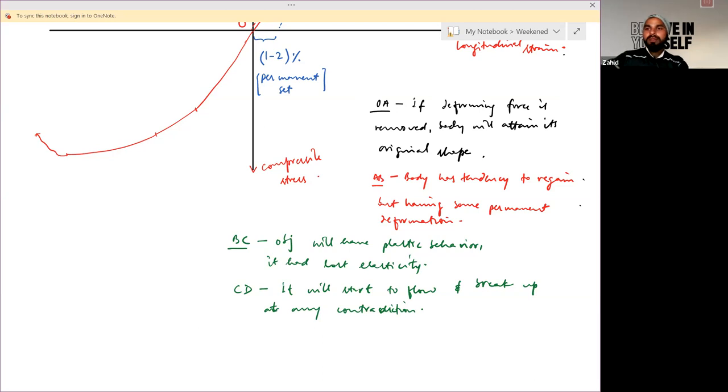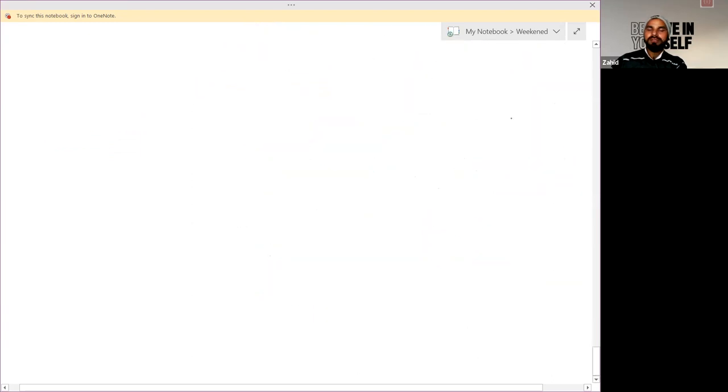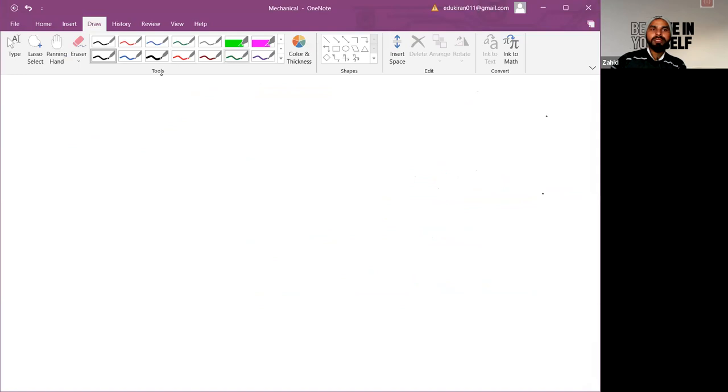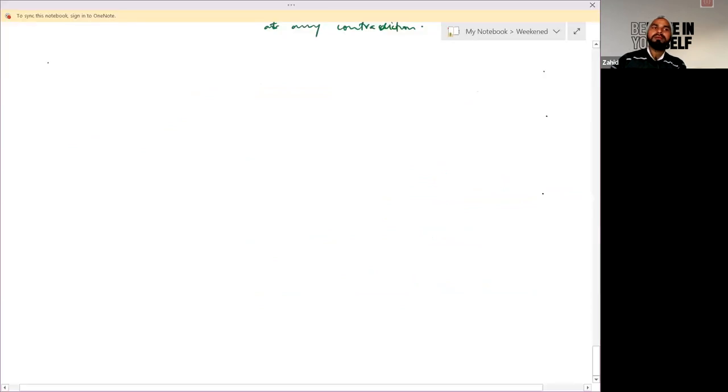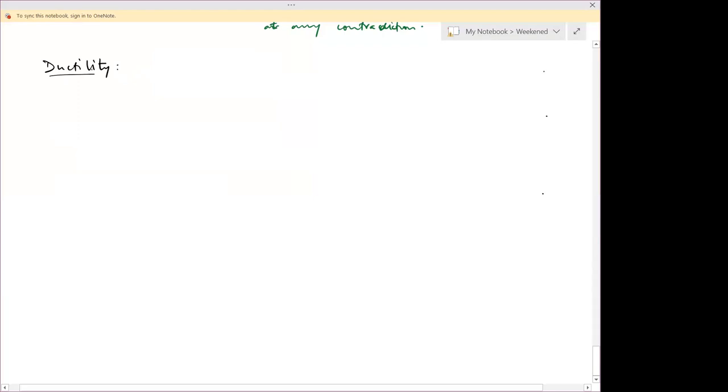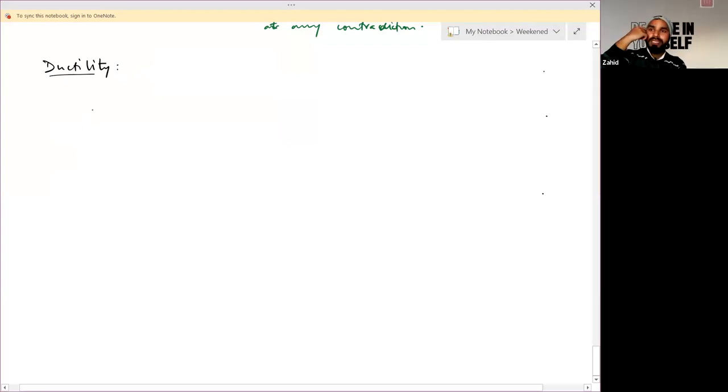Okay. Now, depending upon this graph, you may be asked first, you must have learned in class 10th about two properties of metal, that is ductility and malleability. Ramuna, what do you mean by ductility? A substance which can be bent easily. And what about malleability?